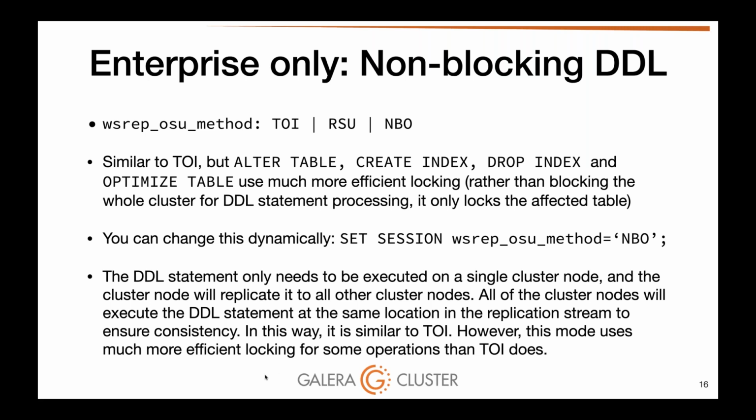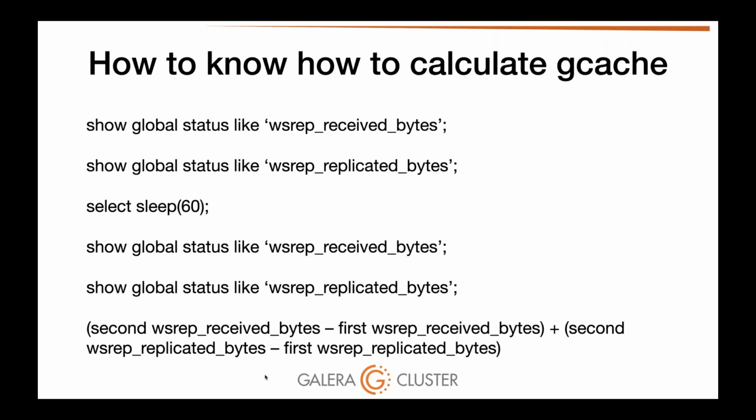One of the biggest problems we have seen, generally speaking, in most consulting operations is that people do not, unfortunately, calculate the GCache size. The default GCache size is 128 megabytes, and the larger your GCache, the longer your nodes can remain disconnected and still get an incremental state transfer.